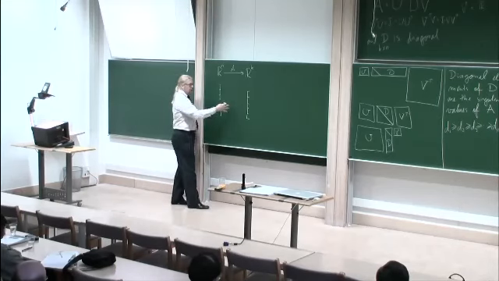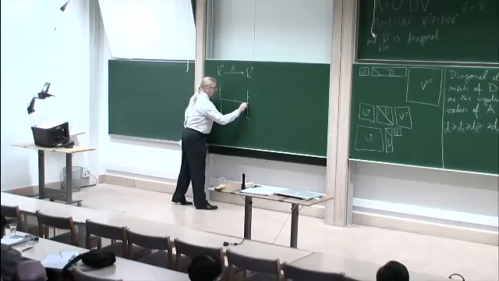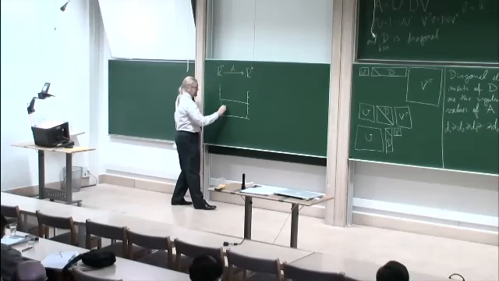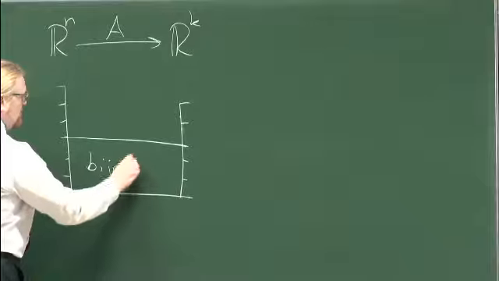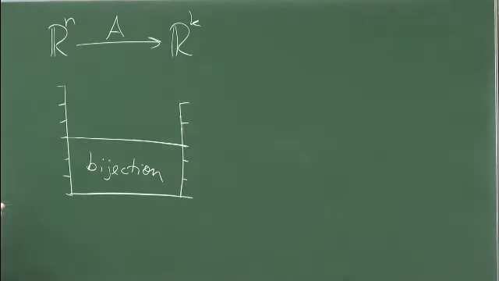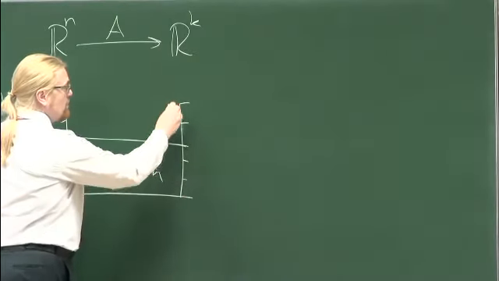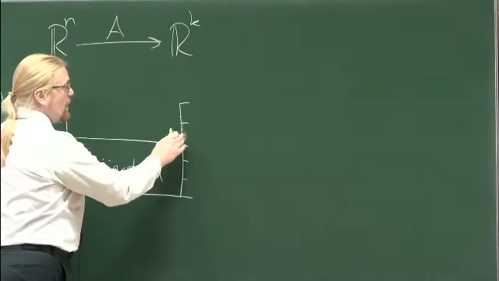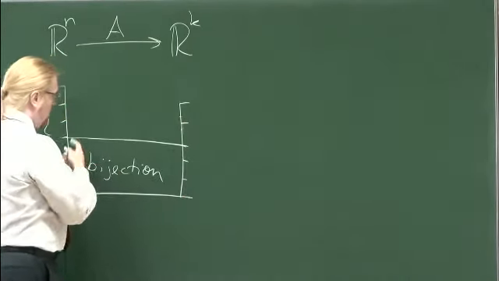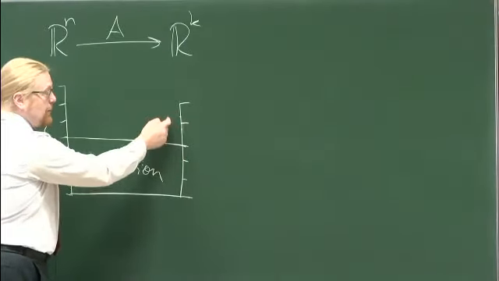Now how does a matrix map between Euclidean spaces? Well, some of the dimensions may be mapped in a bijective fashion. Then there also might be some kernel involved. This will be the dimensions that the matrix will map to 0, these guys. And then there is also some part of the target space that no vector here will be mapped into.